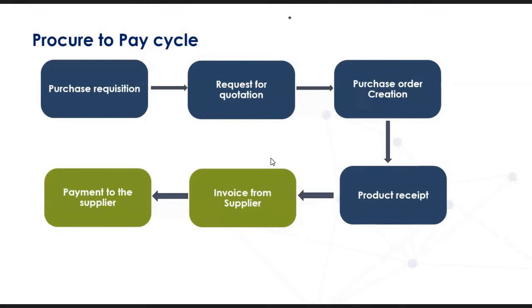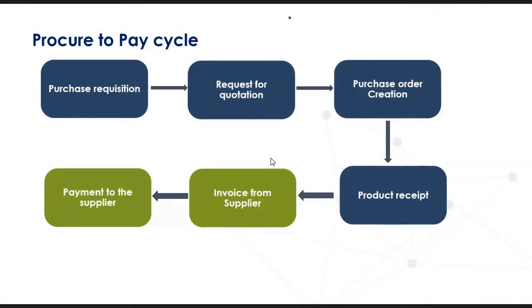In general, you will also hear people calling that a goods receipt. In D365 F&O, you do the product receipt to confirm that we received the material. After this product receipt is acknowledged, the vendor will send the invoice, so we receive the invoice from the supplier.